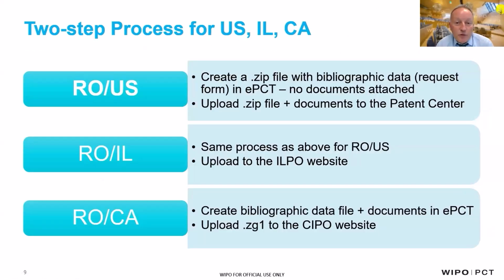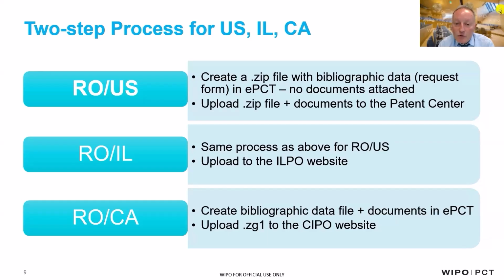So it's a two-step process for US, Israel, and Canada. So meaning that with RO/US, you will create a zip file which will only contain the bibliographic data of the request form in ePCT, but you will not upload any documents in ePCT.